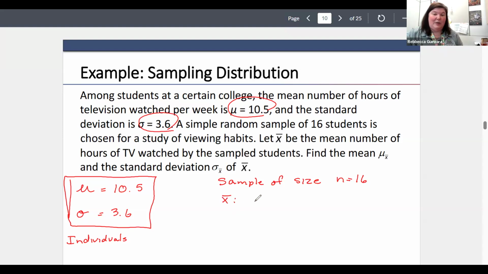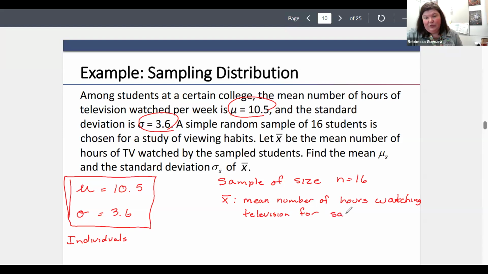So my x bars are going to be the mean number of hours watching television, for samples or groups of 16. That sample size is going to be important because it changes my standard deviation.